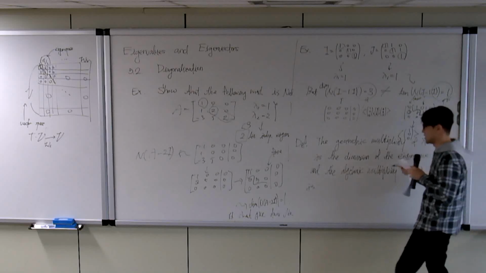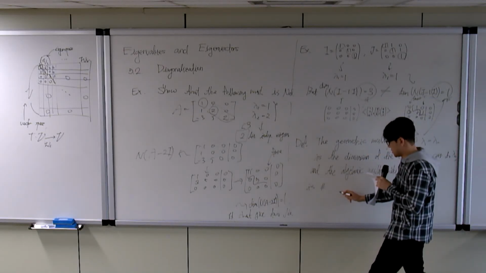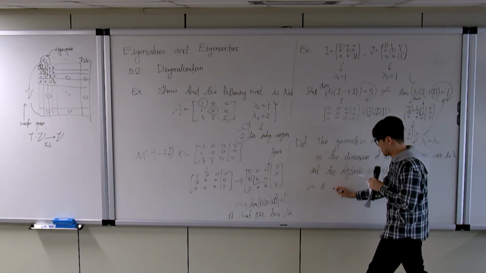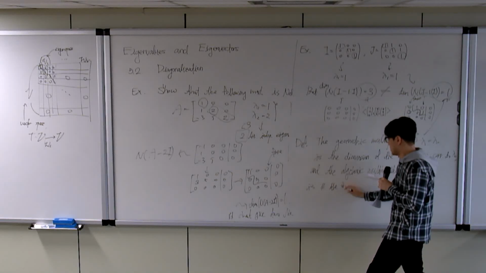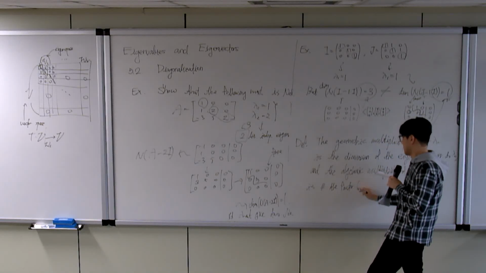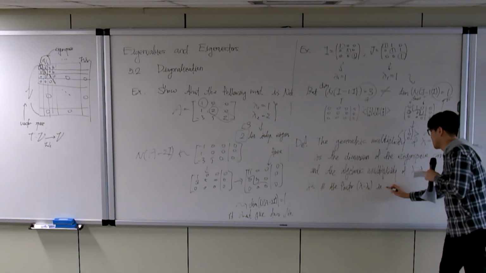I mean the dimension of the eigenspace corresponding to eigenvalue 2 was 1. That means the geometric multiplicity of lambda 2 is 1.